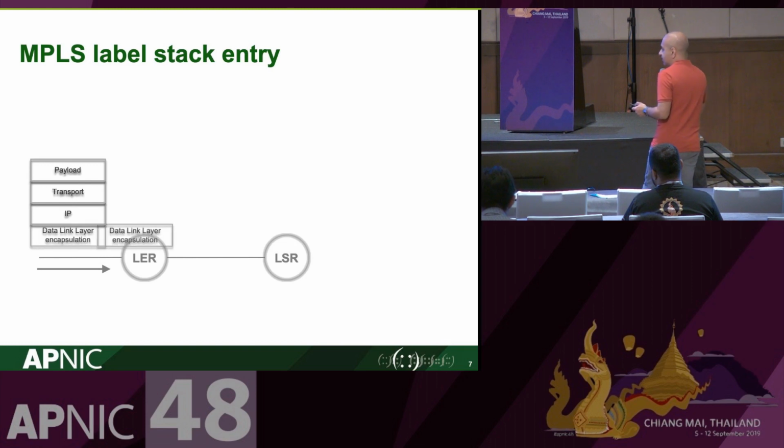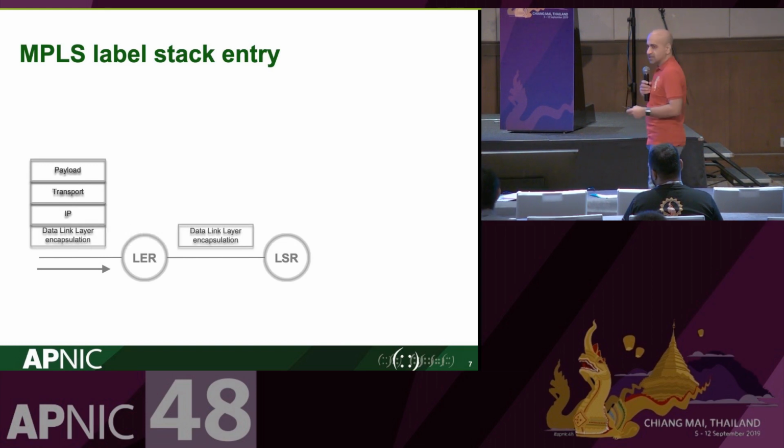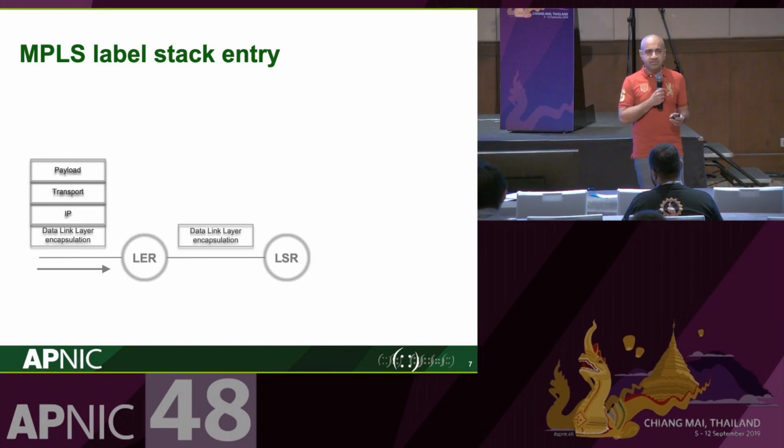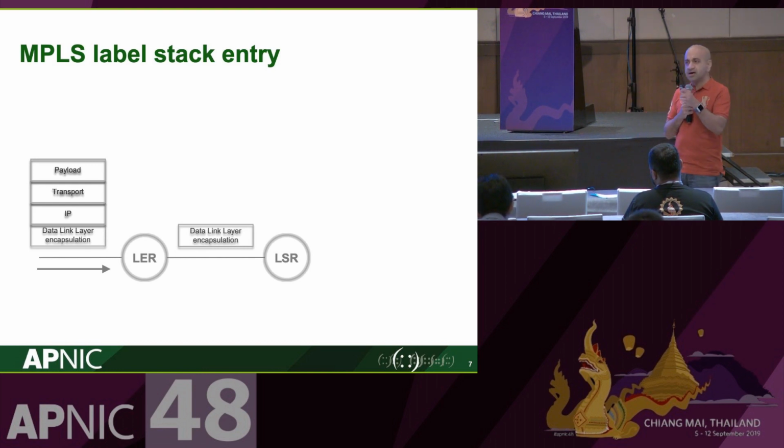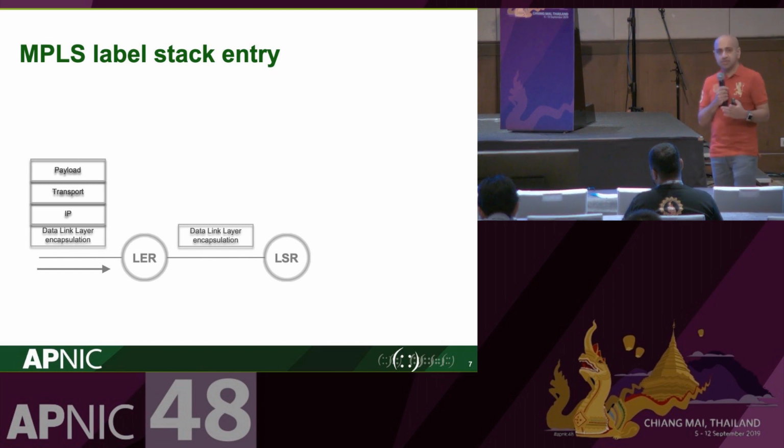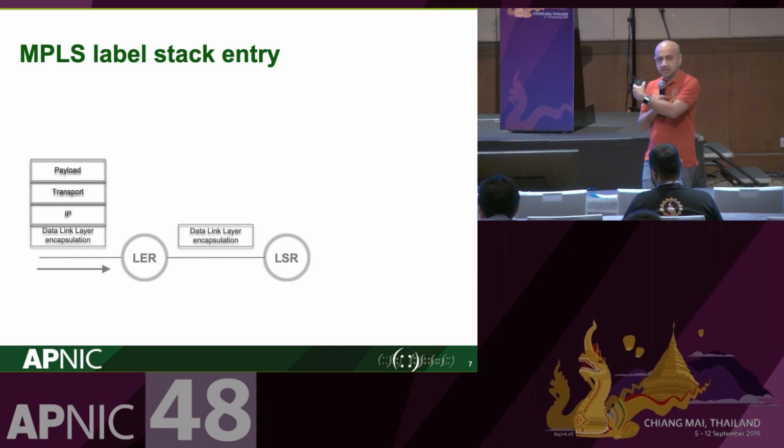What we do in MPLS is the packet comes in to a node that is called a label edge router, the LER. The LER sits between the non-MPLS domain and the MPLS domain. So whatever comes into it leaves it with an MPLS label, right? Simple as that. So in this case, an IP packet comes in.